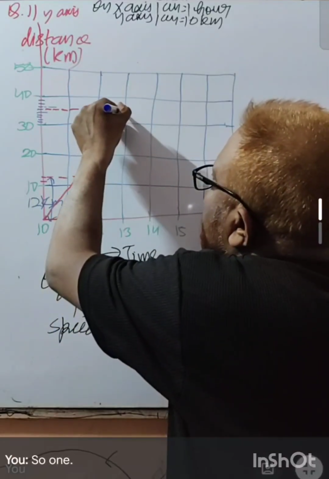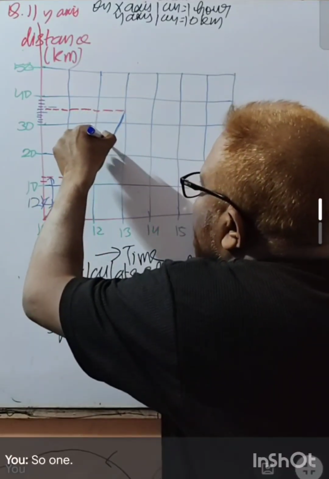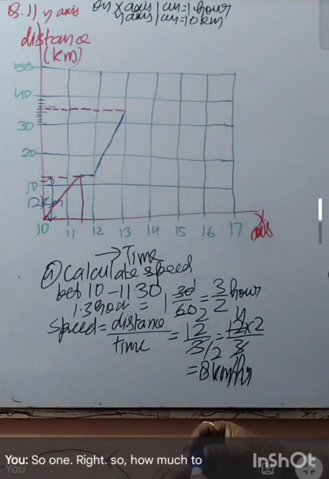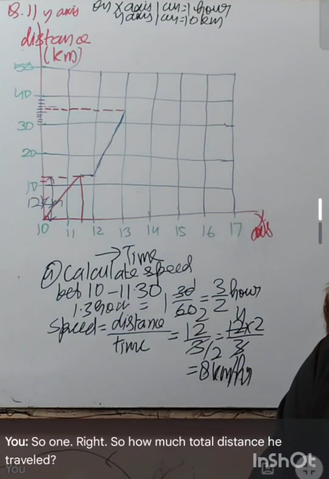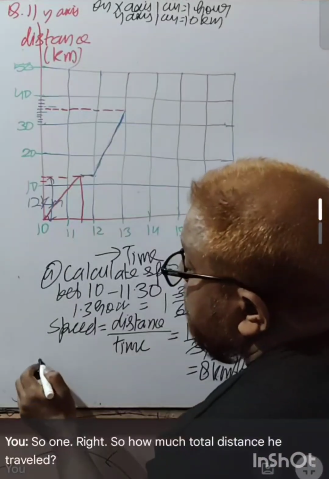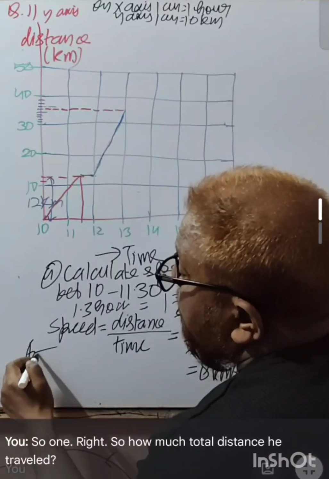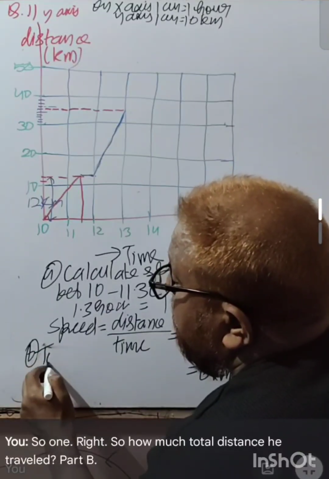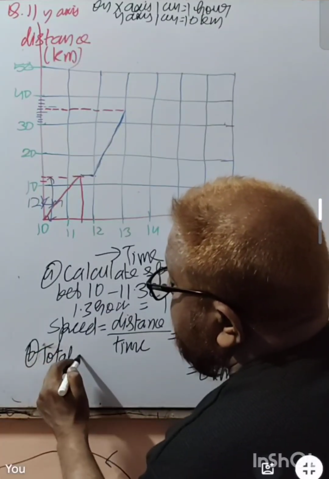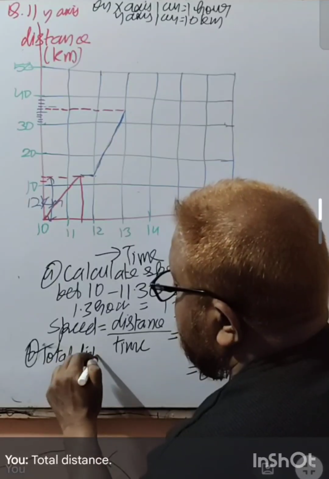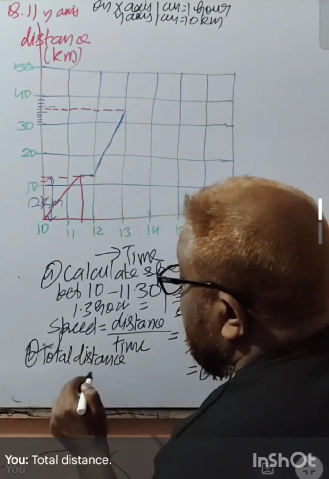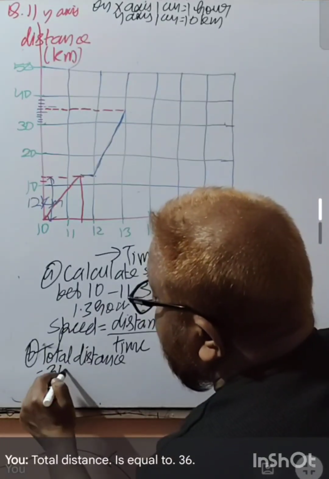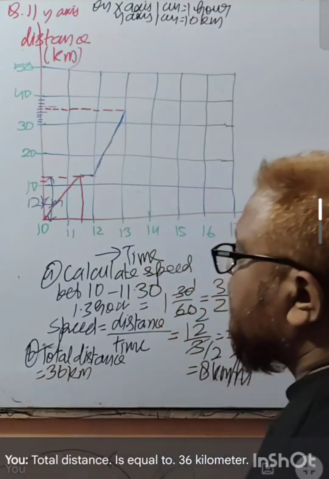So how much total distance did he travel? Part B. Total distance is equal to 36 kilometers.